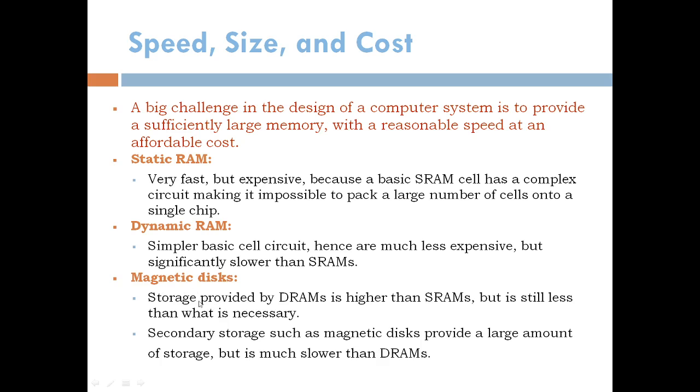The next alternative is to use a magnetic disk. In dynamic RAMs, the storage is higher than static RAMs, but is still less than what is necessary. Secondary storage, such as a magnetic disk, provides a large amount of storage, but is much slower than the dynamic RAM.